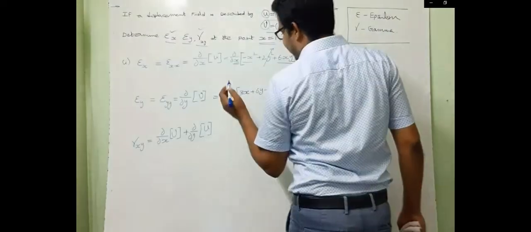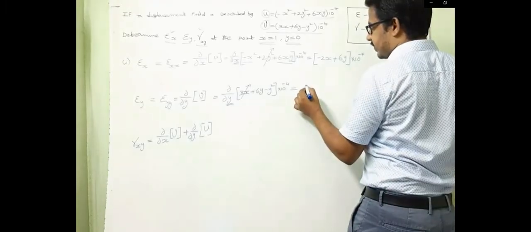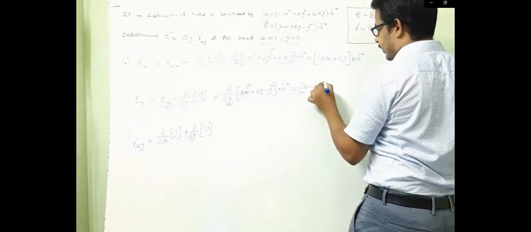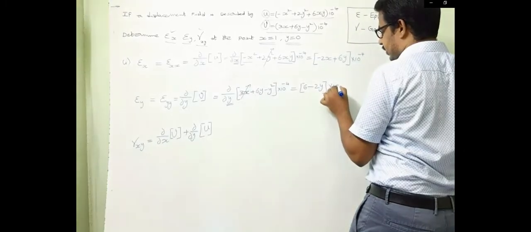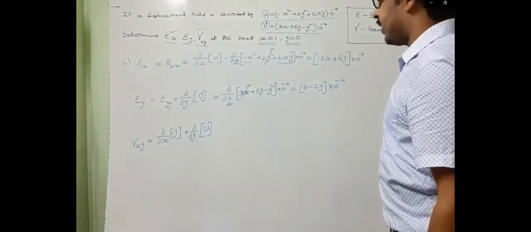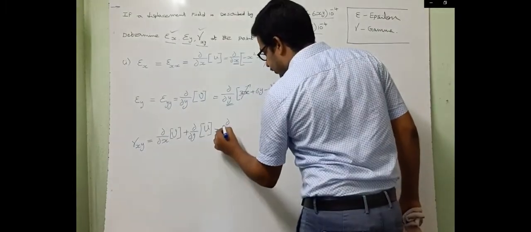Partial differentiate with respect to y: the x term is 0, so 6 minus 2y into 10 power minus 4.